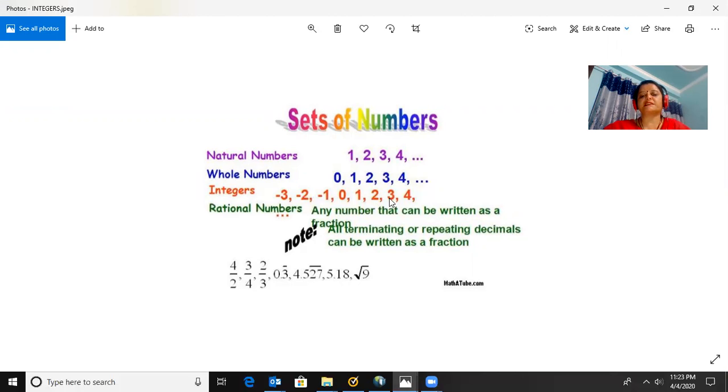Now the question arises: where are integers used? If we talk about the application of integers in our daily life, you must have heard about the temperature. Somewhere it's very hot, more than 25, 30 or 35 degrees. But somewhere it's very cold, maybe in Srinagar, in the hilly areas, where the temperature is very low.